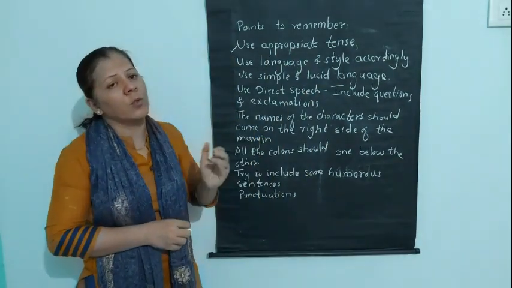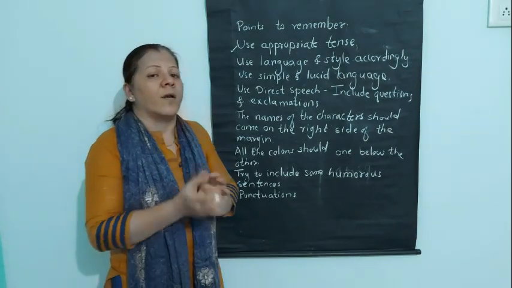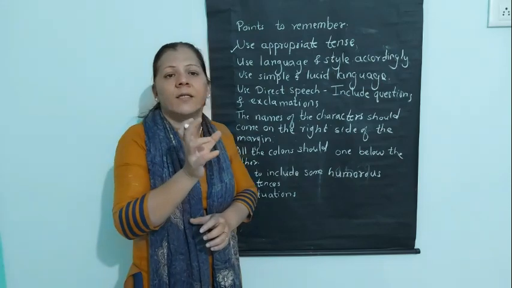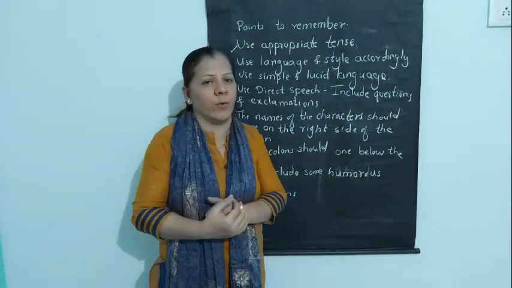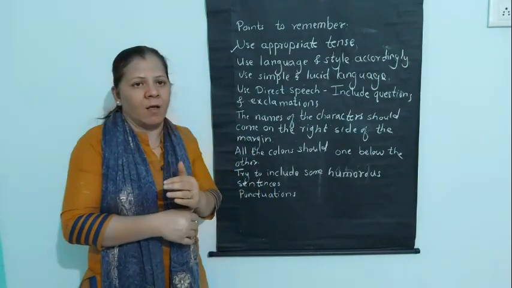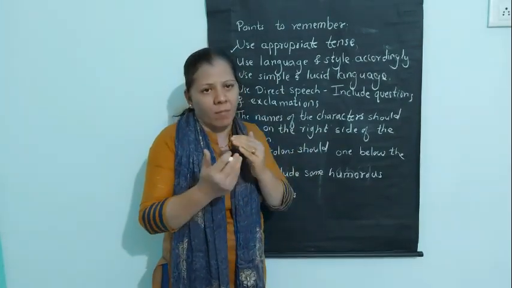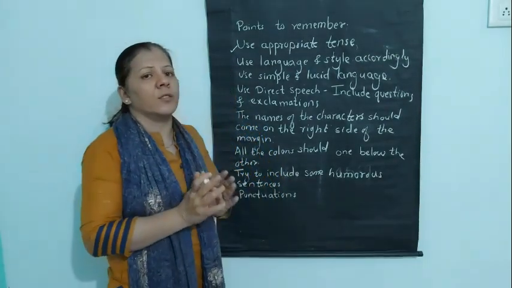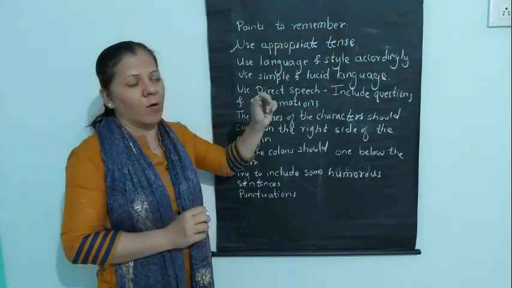Suppose you are asked to complete the dialogues, then whatever tense is used to write the answer, the same tense should be used while forming a question, or vice versa. In whatever tense the question is, you have to use the same tense to give the answer. So your tenses should be very good while writing dialogues.